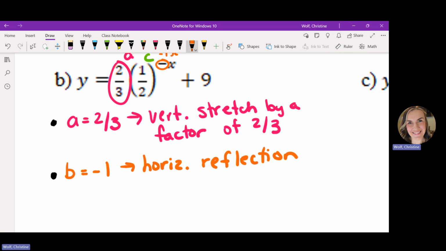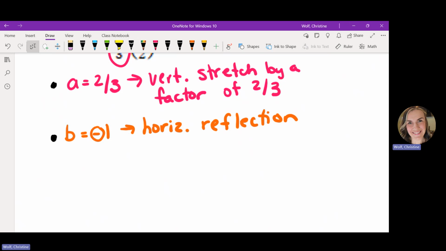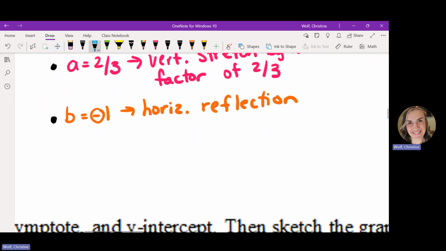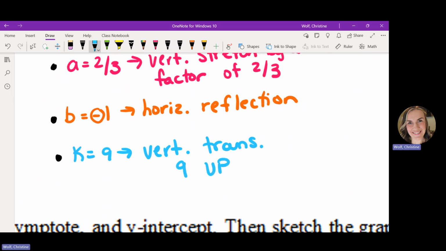So it's really just the negative that's applying the transformation here. We have a horizontal reflection. And finally, I see a +9 at the back. What does that tell me? K equals +9. That means it's a vertical shift or vertical translation, and that is 9 up because it's positive.